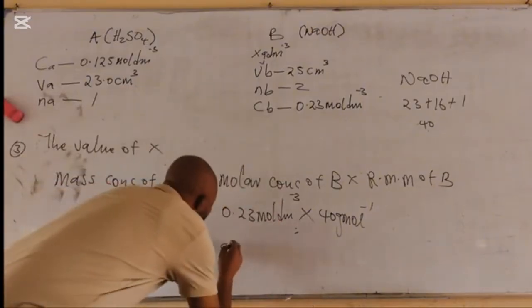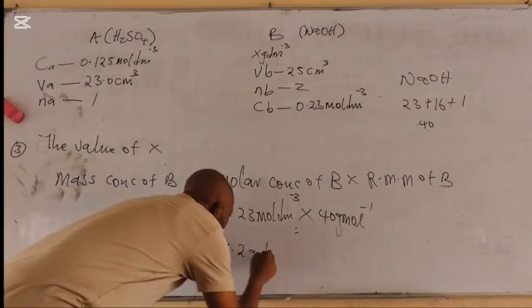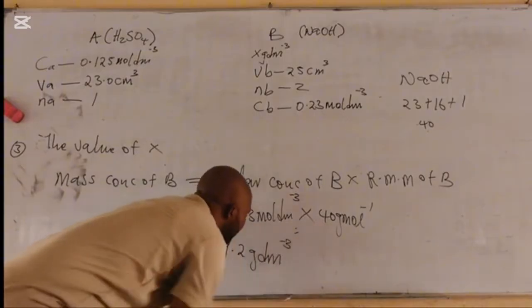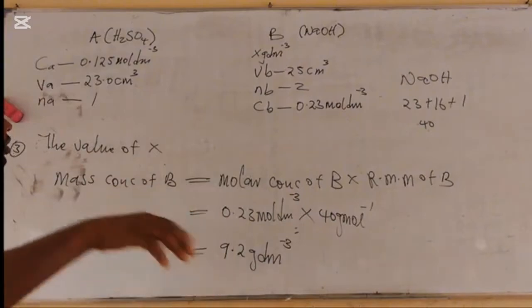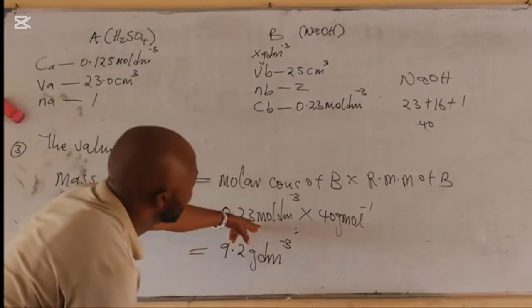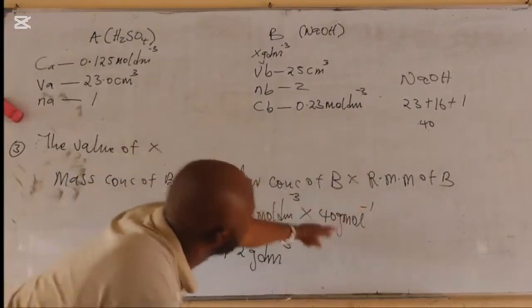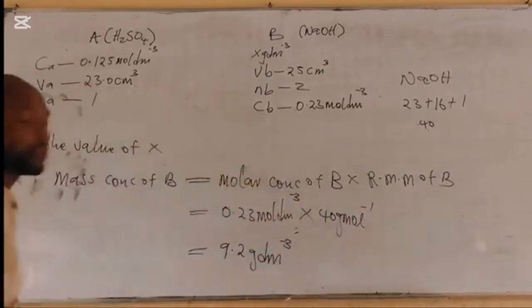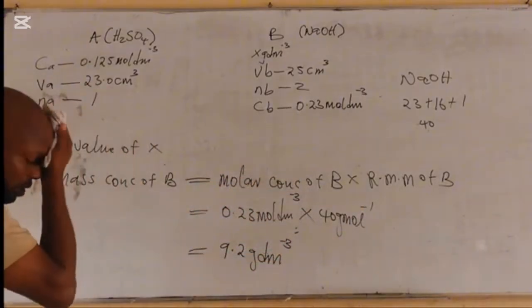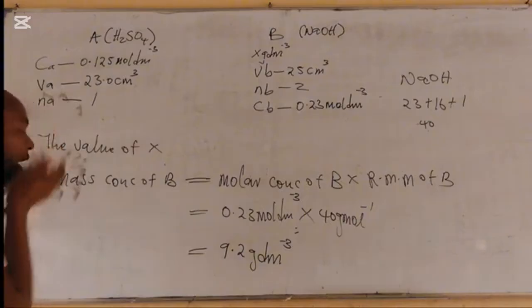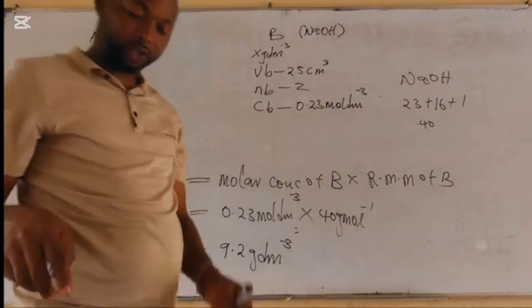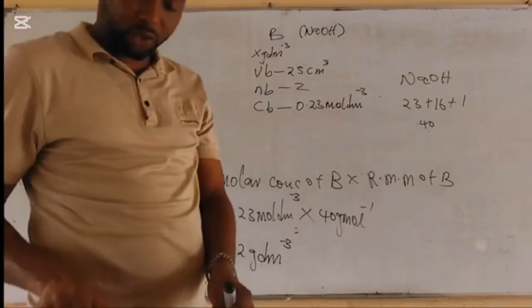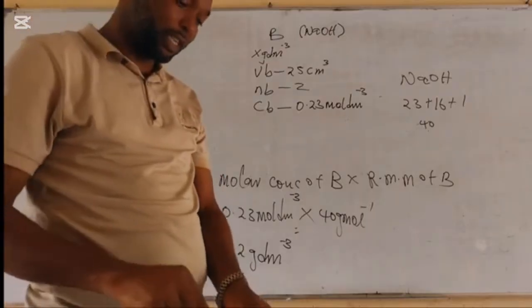So 9.2 g per dm cube. The mole will go with the other mole. I'm left with g per dm cube. So that is it. With this, we have just calculated our first question and we're done with it. So we can take our next question.